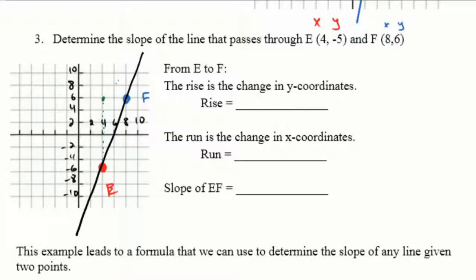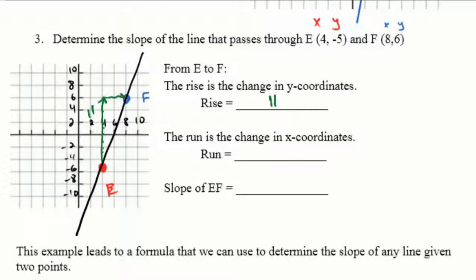Remember, each square represents 2. So my rise is going to be this little green line I'll put in here. I've gone up by 11 units. So my rise is 11.